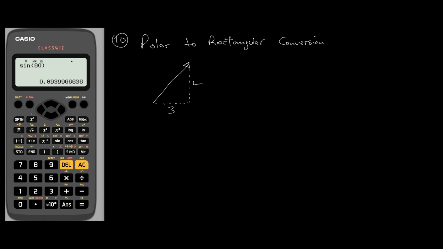Vertical component is 4. You know that from Pythagoras, then you're going to have 3 squared plus 4 squared. Square root of all that lot gets you 5. And if we do the maths, we find out that we have 53.13 degrees here. Okay.